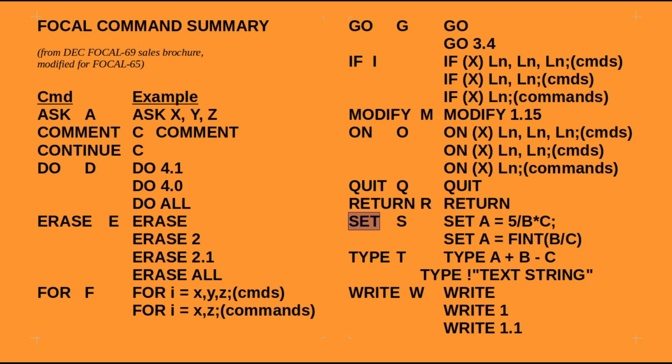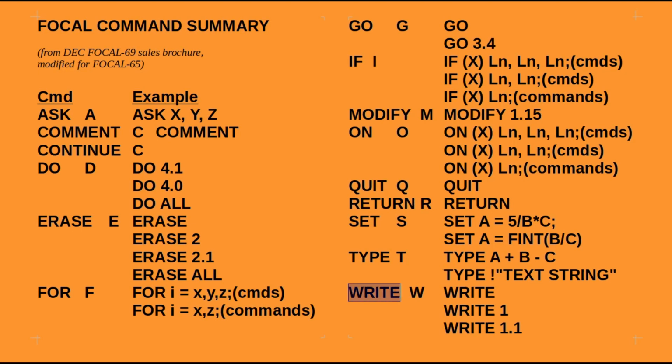Set is essentially let in BASIC, and it is mandatory. If you're going to do any type of assignment to a variable, or you're going to call one of the functions, you have to use set. Type is print, obviously. I guess I could have made that a little prettier by making it go there. And write is not necessarily what you'd think.